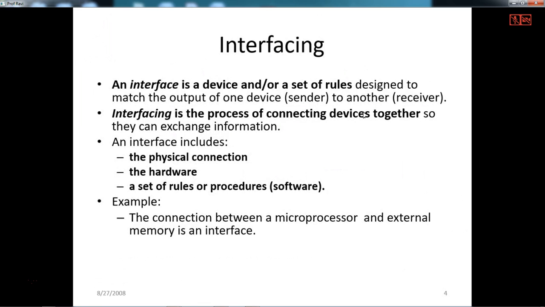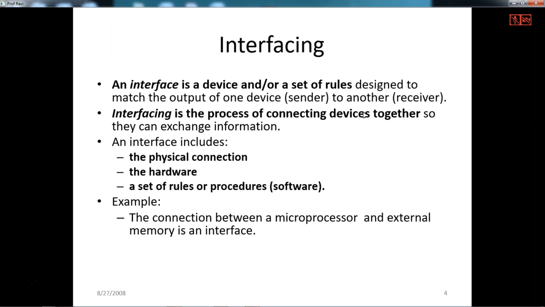An interface is a device or a set of rules that is designed to match the output of one device to another device. So that's what we are saying: interfacing means connecting in a compatible manner. So now memory interfacing: we need to interface memory to the 8086 processor.